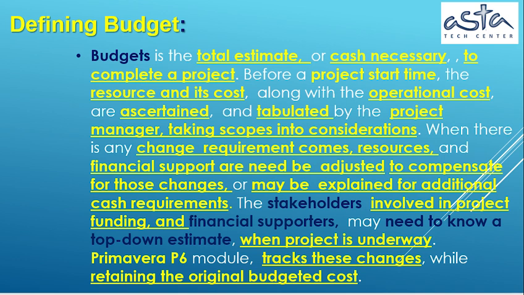The stakeholders involved in project funding, and financial supporters, may need to know a top-down estimate when the project is underway. The Primavera P6 module tracks these changes, while retaining the original budgeted cost.